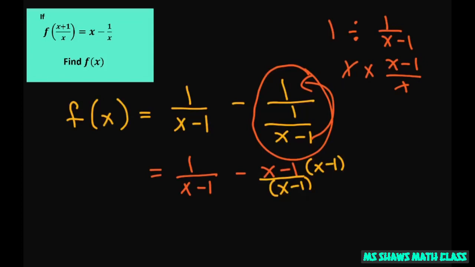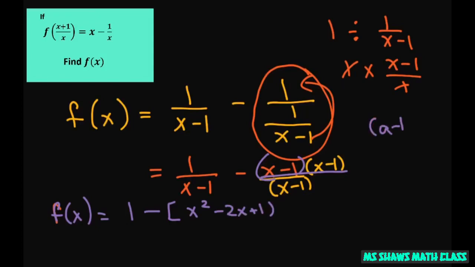So now we have f of x, let's do purple, f of x equals 1 minus, I'll do that in parentheses. When you multiply this out, that's going to be x squared minus 2x plus 1. This is like a minus b squared, divided by x minus 1.